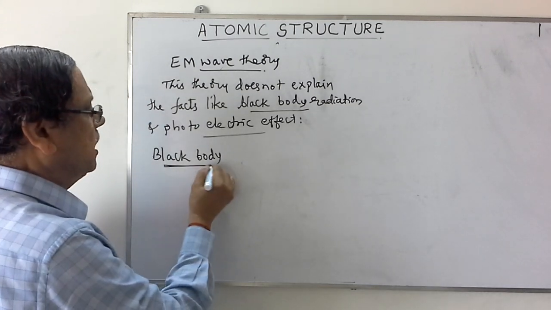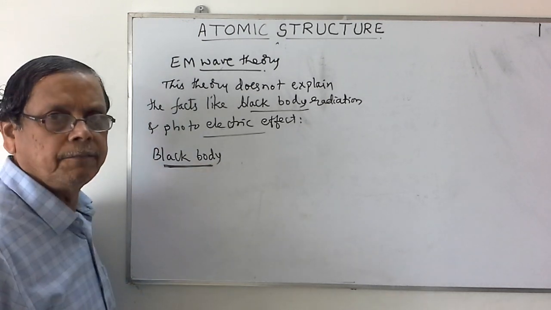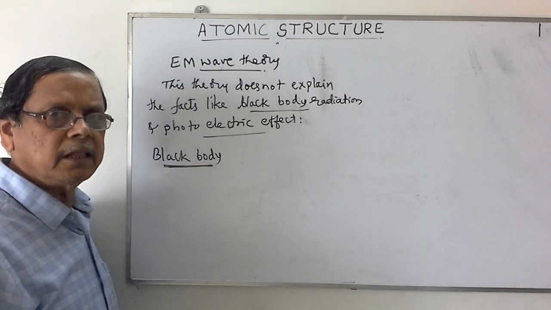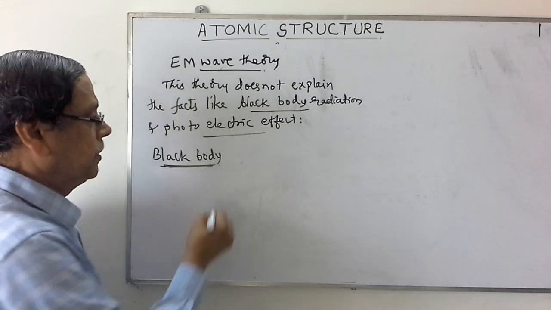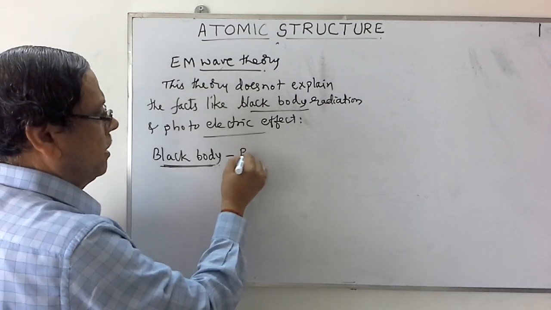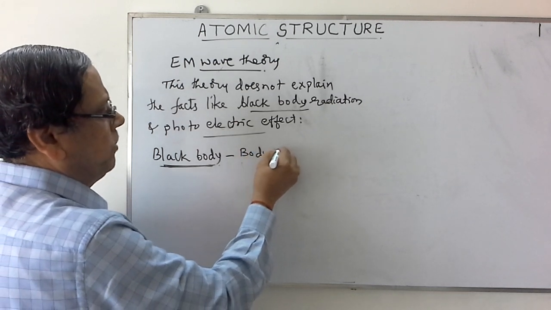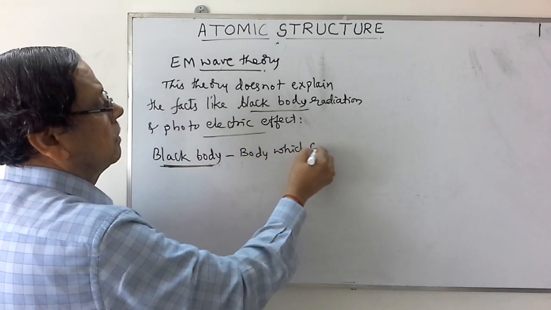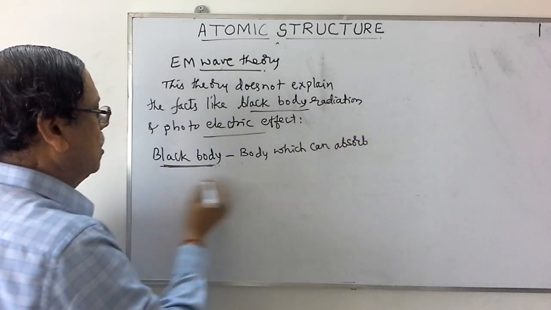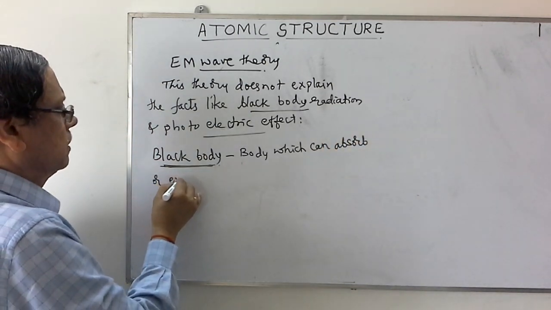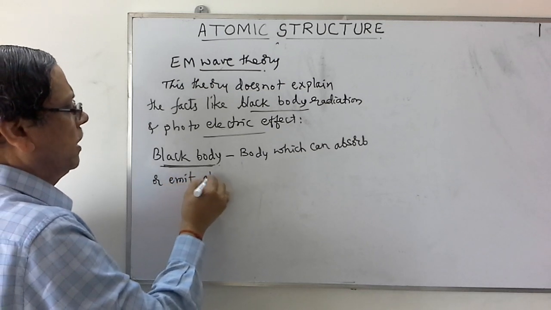This material which absorbs all the wavelengths or emits all the wavelengths that are absorbed is named a black body.